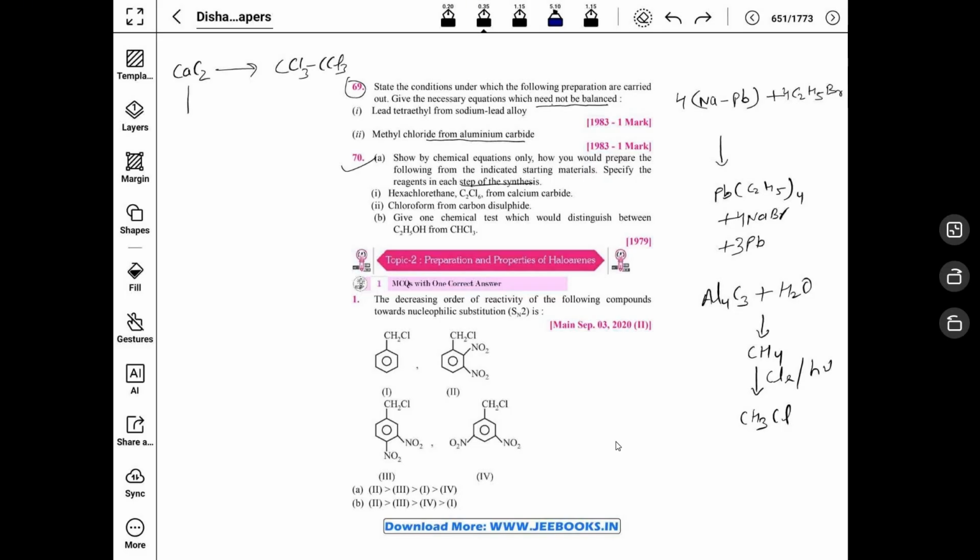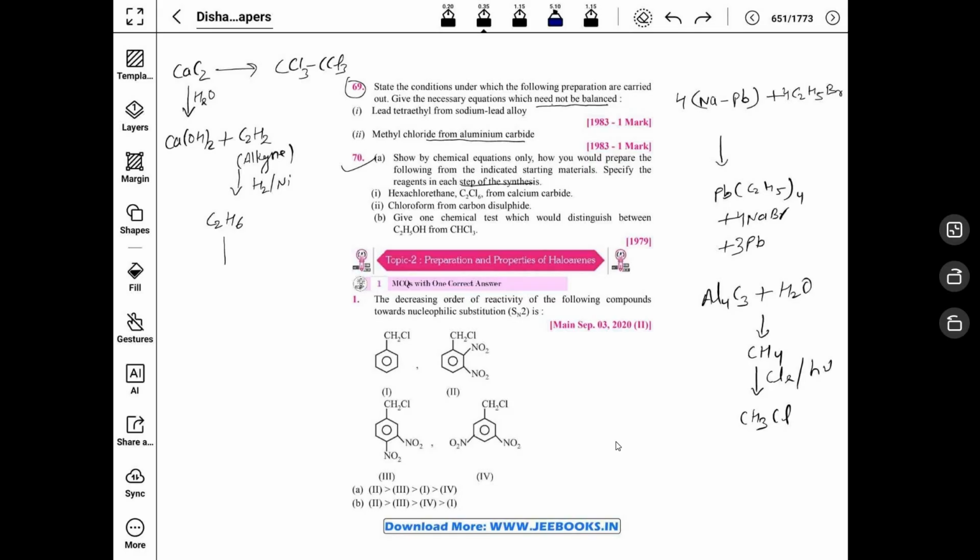Calcium carbide on hydrolysis gives calcium hydroxide plus C2H2. This is alkyne. This alkyne can be reduced by hydrogenation to give C2H6.